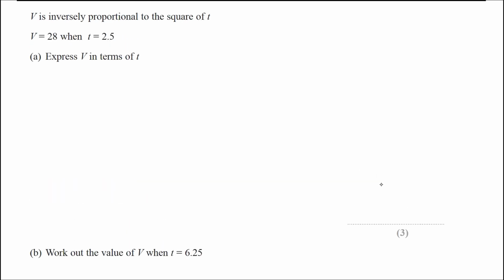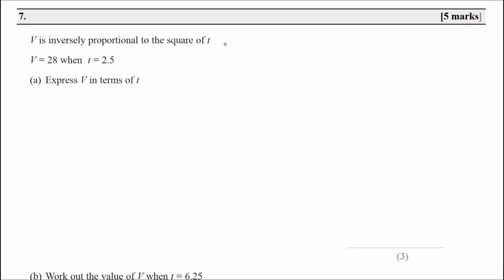Okay, next question. V is inversely proportional to the square of t. We can translate that to an equation. So V is equal to K over the square of t, so t squared. And then, of course, you have to find K, so we shall use this condition here.